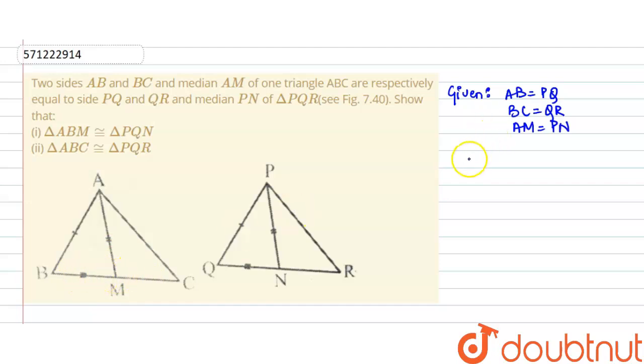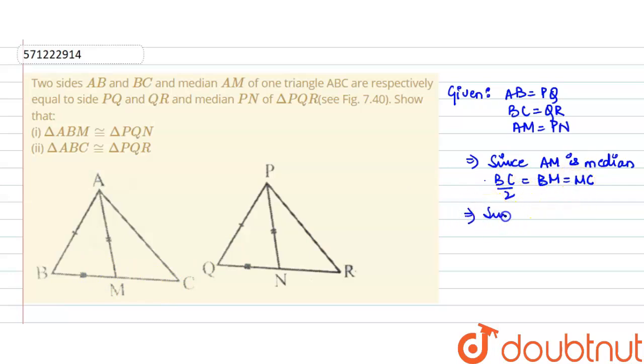Since AM is a median, BC by 2 is equal to BM is equal to MC, because when we add BM plus MC, that comes out to be equal to BC.